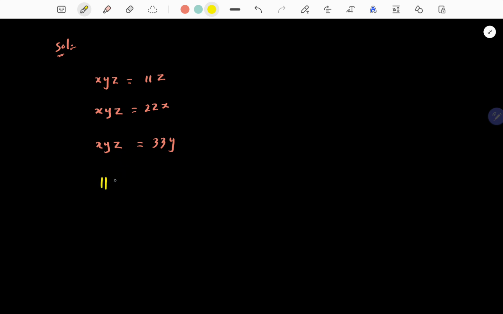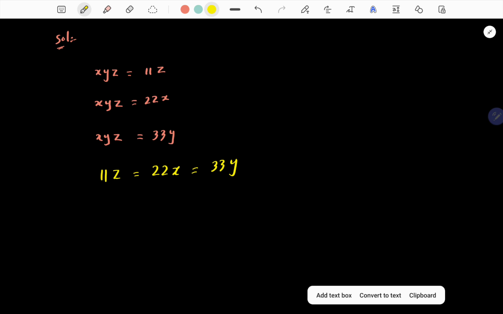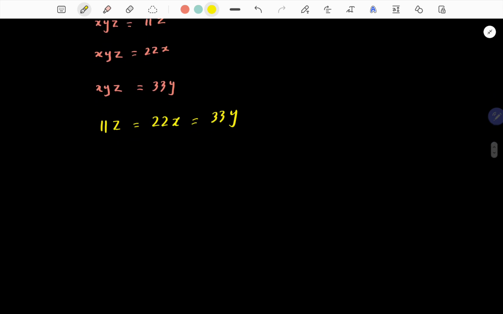Now we divide this equality by the LCM of 11, 22 and 33 for some simplification.